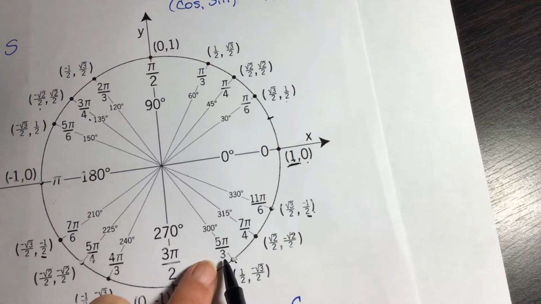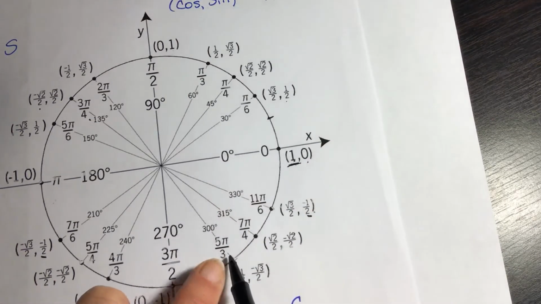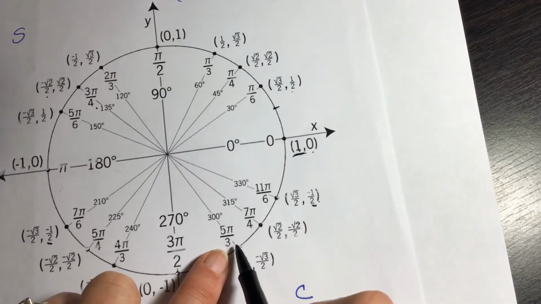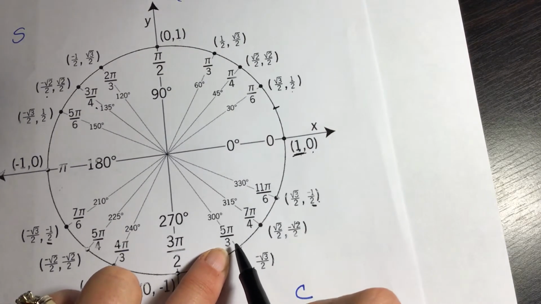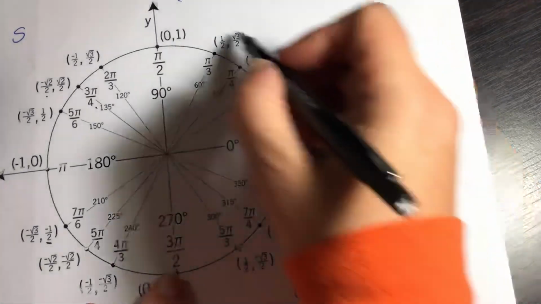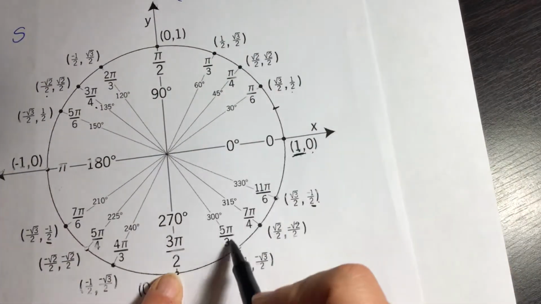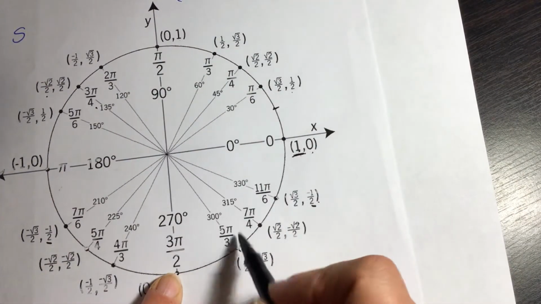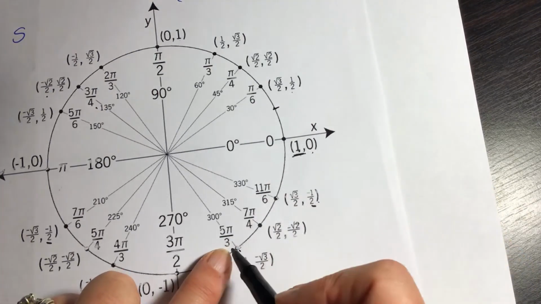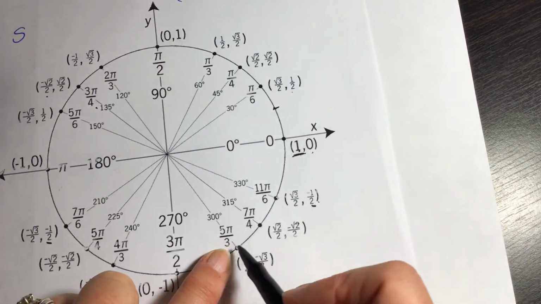Now 5 pi over 3 is in the quadrant, but it's not in my domain of between negative pi over 2 and pi over 2. So I have to think of this angle as a negative angle.